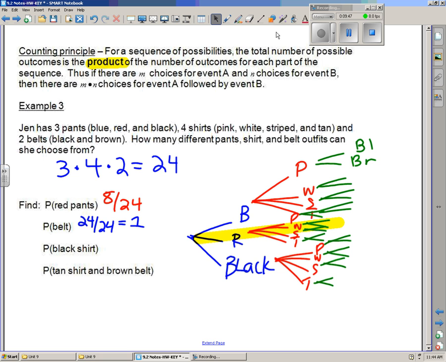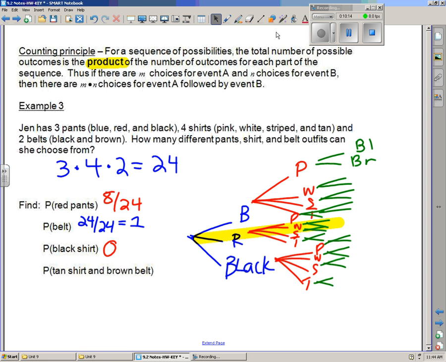Black shirt, well, there aren't any black shirts anyway. So black shirts is just going to be 0. To have a tan shirt and a brown belt, there are 3 ways to do that, because for tan shirts there are 3 pairs of pants, and then with the brown belts I'm going to have those 3 out of 24 ways.